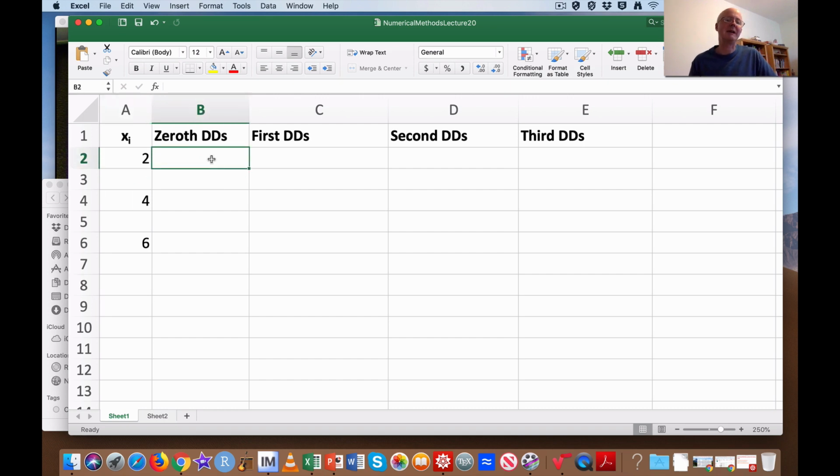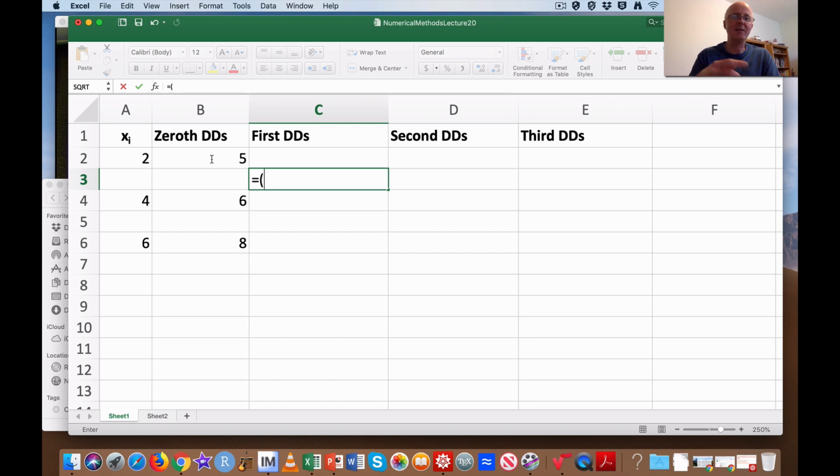So let's first program it based on the 3 nodes. The 0th divided differences are the function values, 5, 6, and 8. Oops, don't put the 8 there. Put it there. First divided differences: we don't need, like we did with Neville's method, to know what x is. We do this because we're really after the polynomial here. This minus this, all divided by this minus this. 0.5, copy and paste that down here.